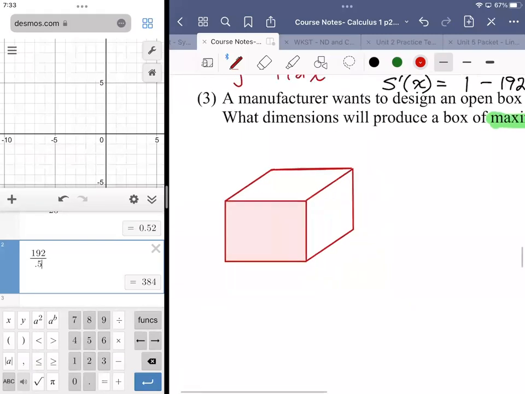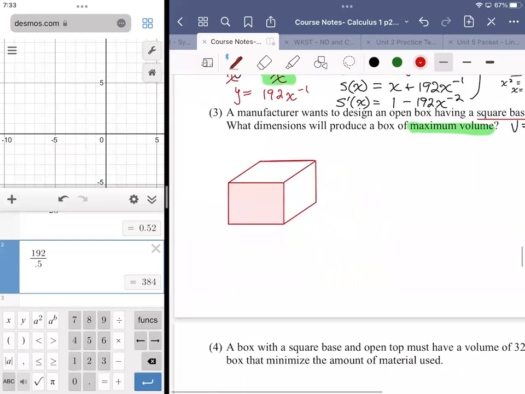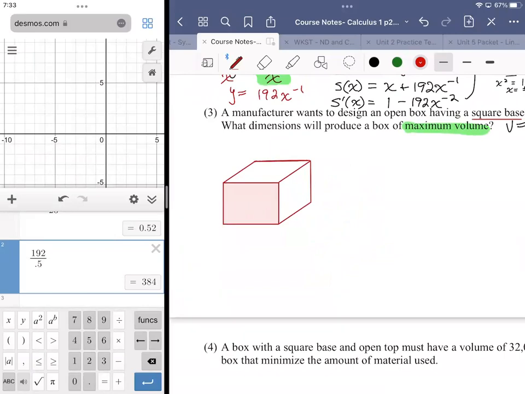All right, so this is my box. It has a square base, so we know length times width times height. But they're saying that the base is square, which means that this length here is the same as that length there.